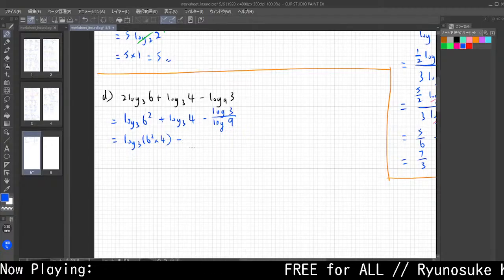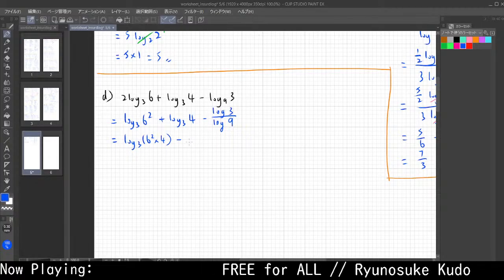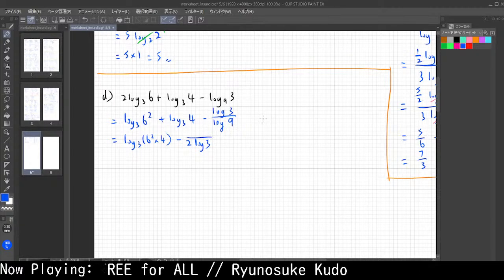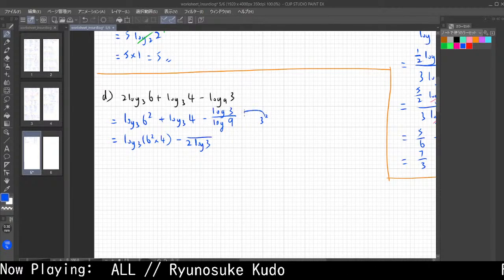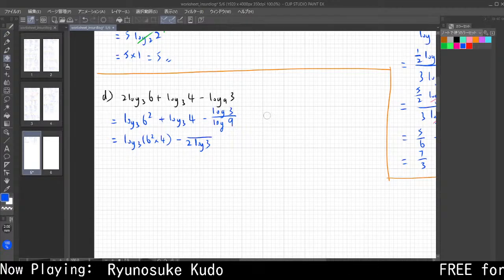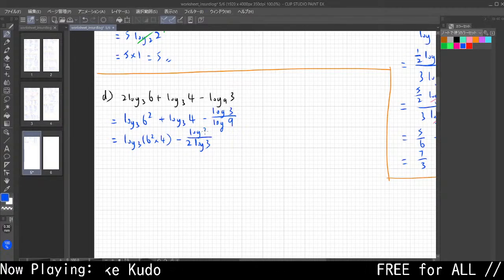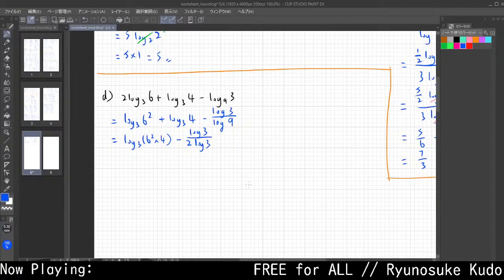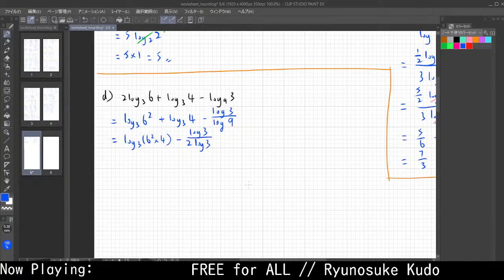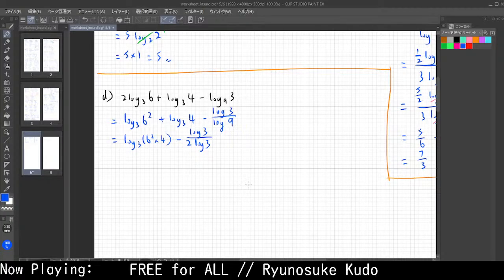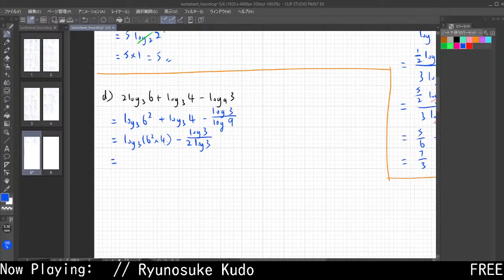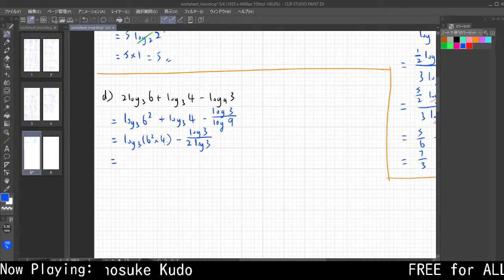Your 9 can be written as 3 squared. 3 squared, your power bring to the front, 2 in front. Log 9 becomes log 3 squared, bring to front. Yeah, so I get log 3 on top. Okay, so what we can have is basically the following. 6 squared times 4, let's see, 6 squared is 36 times 4, you get 144.